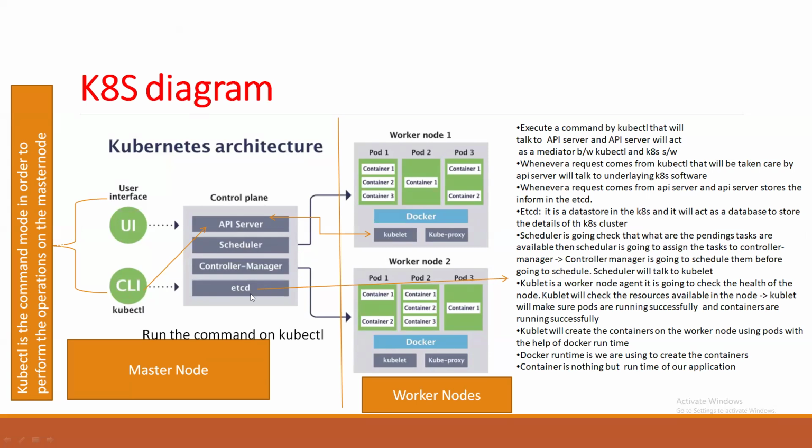Whenever you execute the command, it talks directly to the API server, which talks to the Kubernetes software. The API server stores the information in etcd, a data store that acts as a database for the details of the Kubernetes cluster.